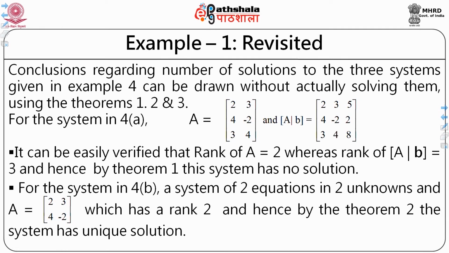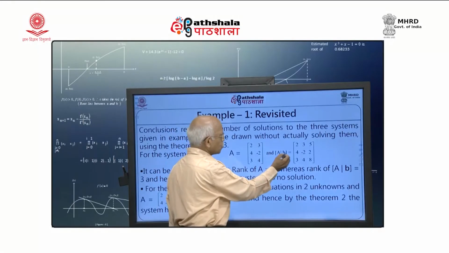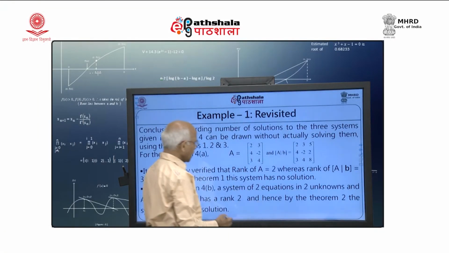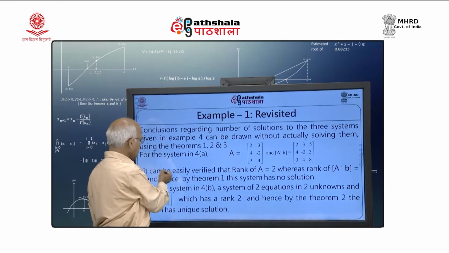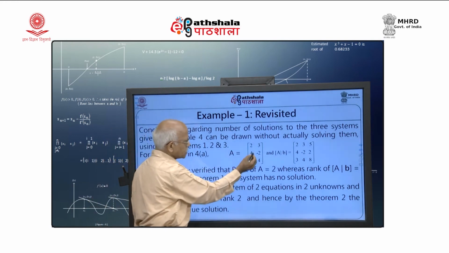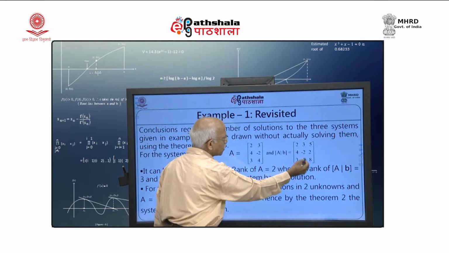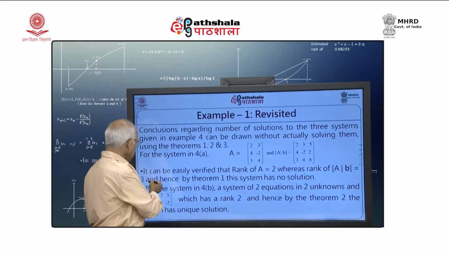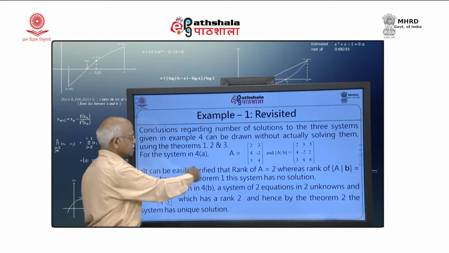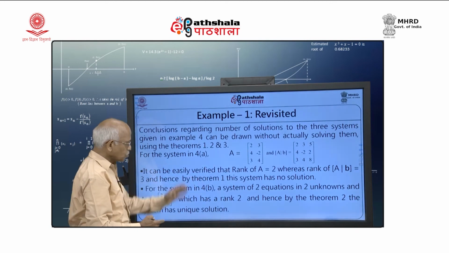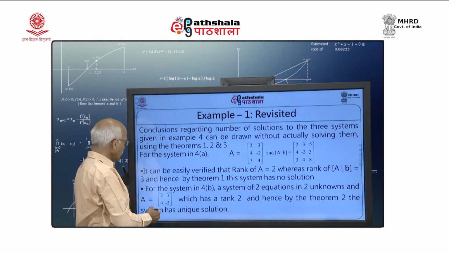Now, for the system in 4A, your coefficient matrix is this and your augmented matrix is this, and if you try to compute the rank, it can be easily verified that rank of A is equal to 2, whereas rank of [A B bar] is 3, and because the ranks are not matching, the system has no solution, which we have already seen earlier.